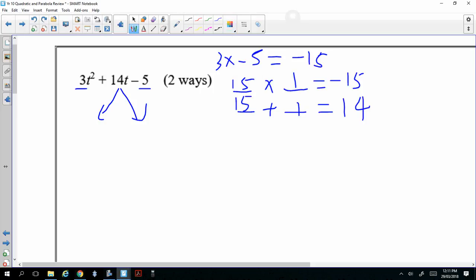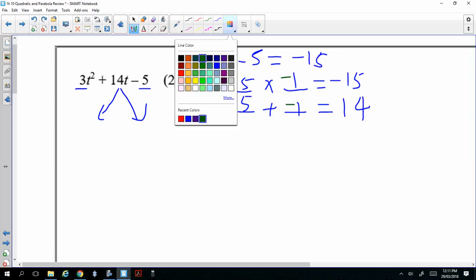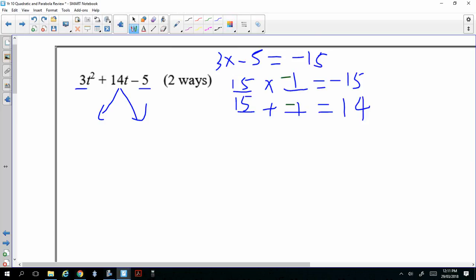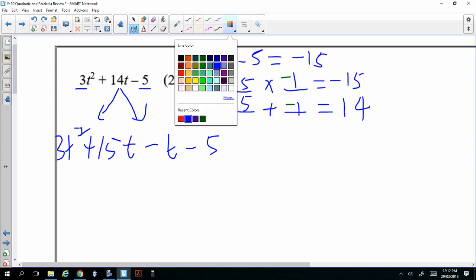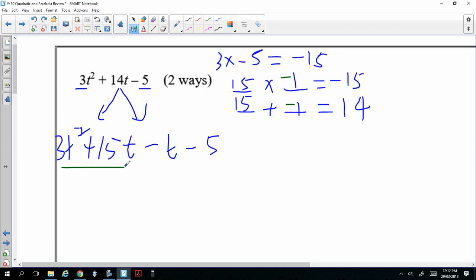That works? So unlike the monic one, you can't just put it inside the bracket. You have to split that into 15t plus -1, or just minus t. Split that into two terms like this, right? And then you go in pairs. So that has a pair. So you get 3t bracket t plus 5.